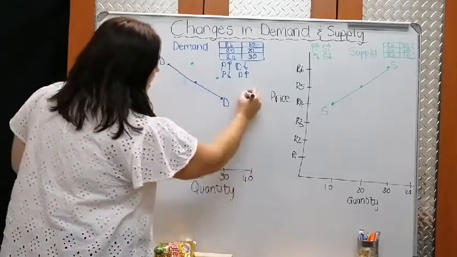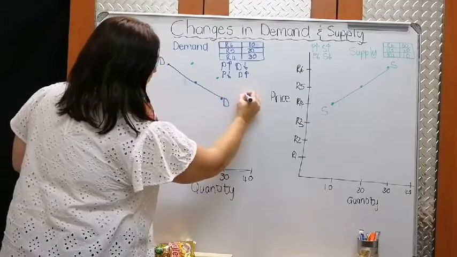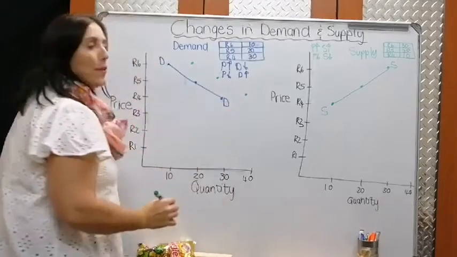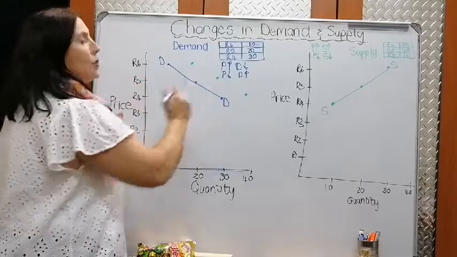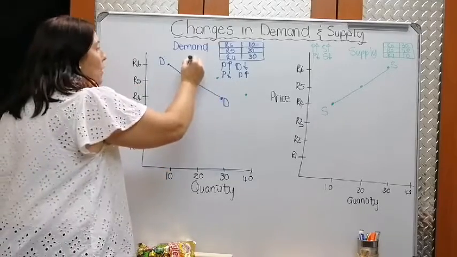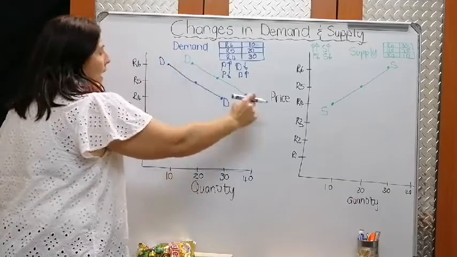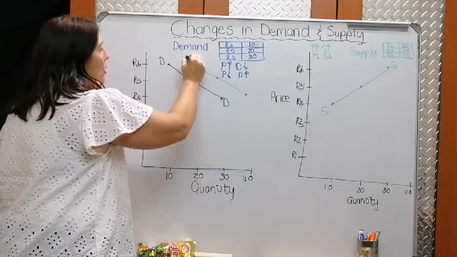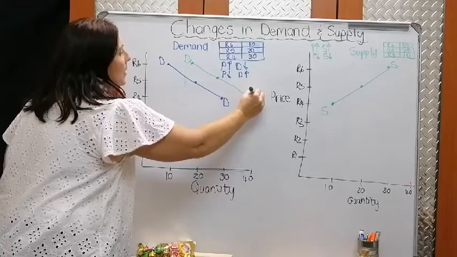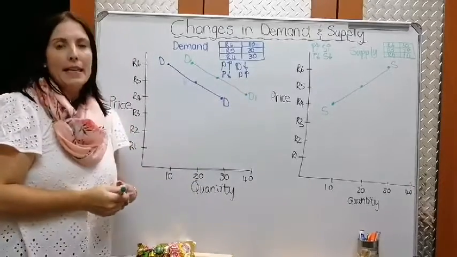So can you see what happens to our demand curve? There is a shift to the right of the original demand curve, and we can also connect these dots, and let's just call them now the new one, demand one curve.